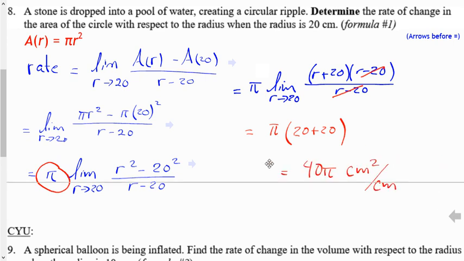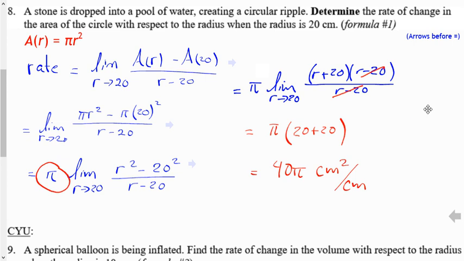Now at this point, you may think, well, I can reduce those units, but we don't want to because the units have meaning. Remember that in this question, what we're looking for is a rate of change in area, and our area is centimeters squared, with respect to or related to the radius, and the radius is in centimeters.